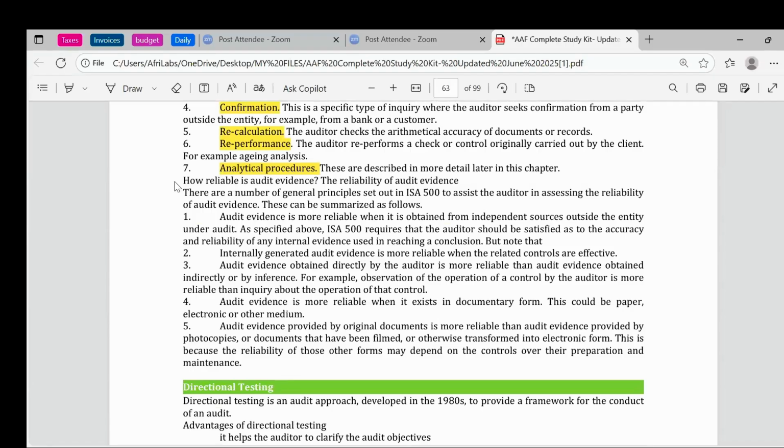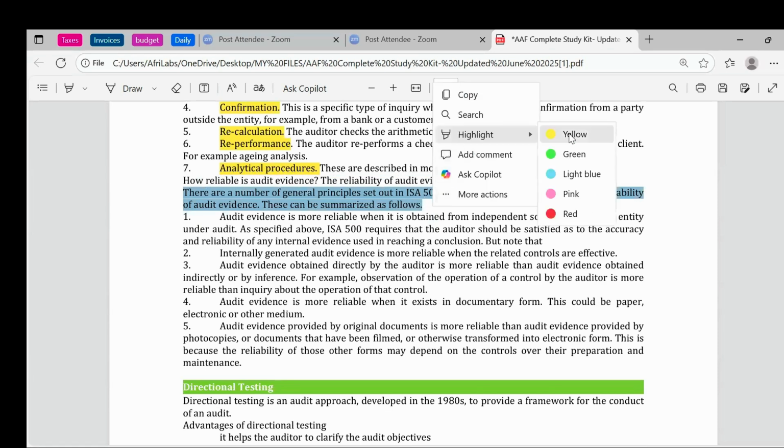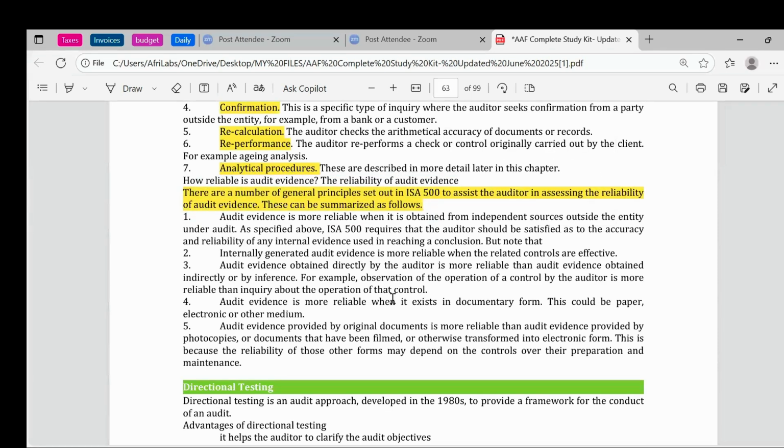So in your audit evidence chapter, you must talk about the characteristics of audit evidence, sufficiency and appropriateness, right? Sufficiency of audit evidence relates to the quantity, and appropriateness of audit evidence relates to the quality. It came up here again: audit evidence that you obtain from an independent source outside the entity is better than the one that you were given, especially when it is not about internal control.